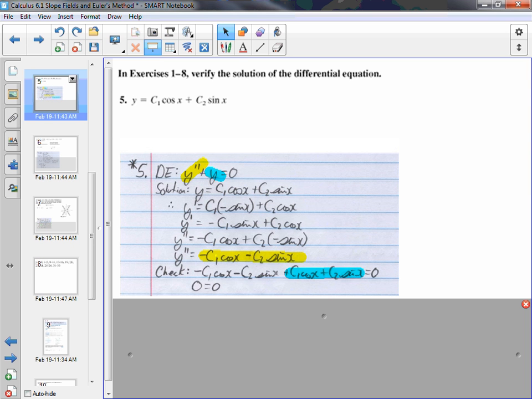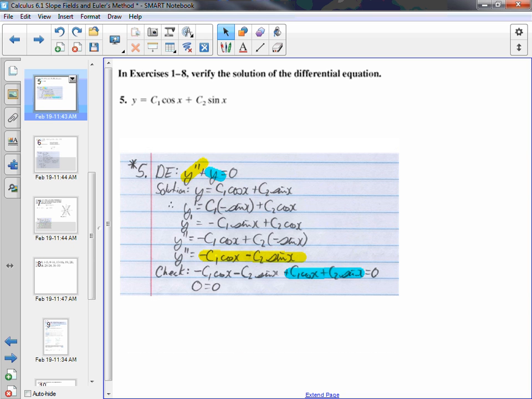Well, yeah, negative c1 cosine of x and c1 cosine of x combine to give us a 0. Negative c2 sine of x combines with c2 sine of x to give us a 0. We have verified that that is in fact a solution. Okay, still doing okay?